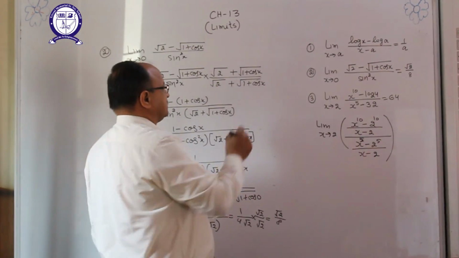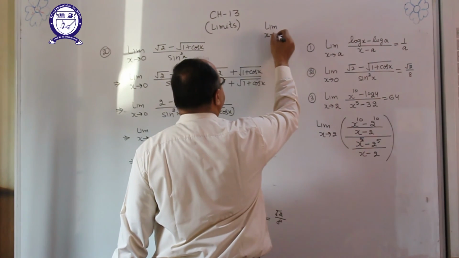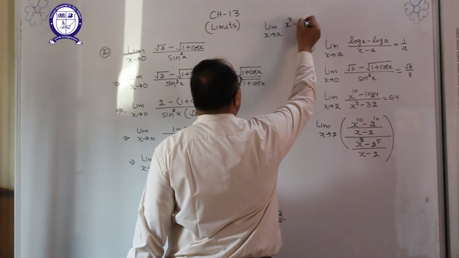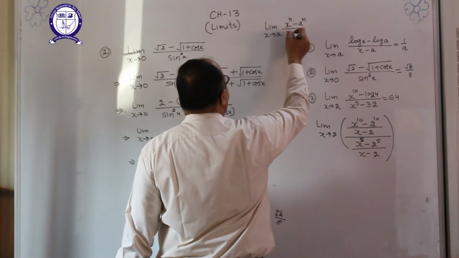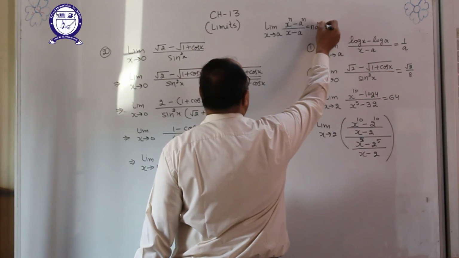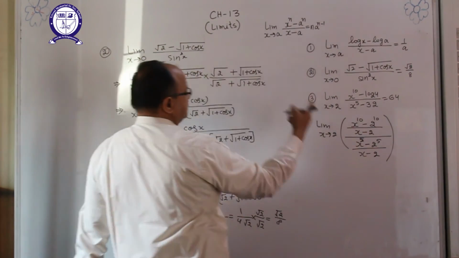Because you know this property: limit x approaches a, (x to the power n minus a to the power n) divided by (x minus a) is equal to n a to the power n minus 1. Apply this property in this question.